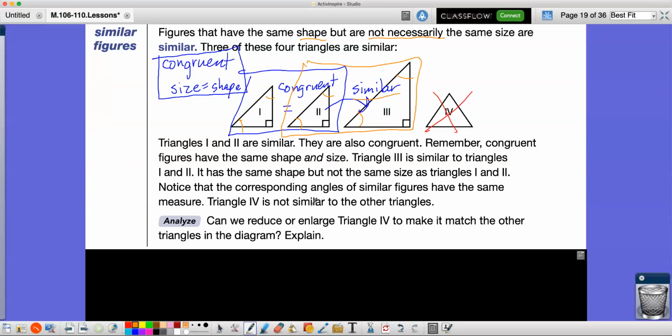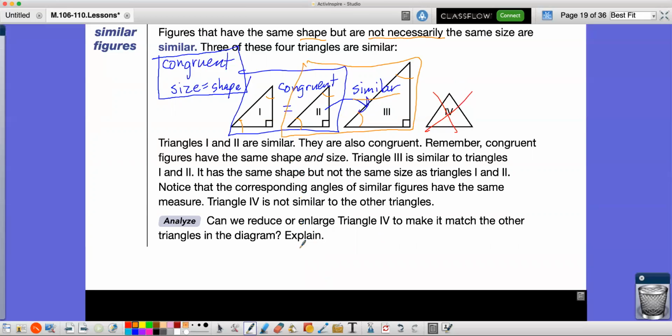Can we reduce or enlarge triangle 4 to make it match the other triangles in the diagram? So can you make this larger or smaller to make it match any of these? Hopefully you would know that the answer is no, you cannot. You cannot match it because triangle 4 is not similar.